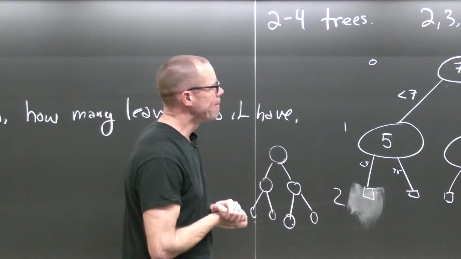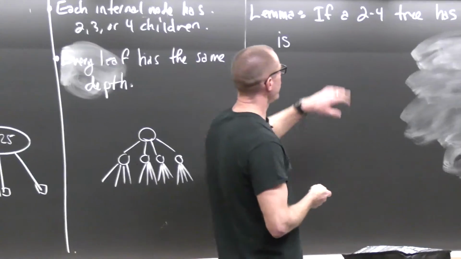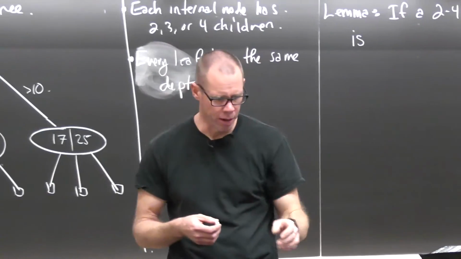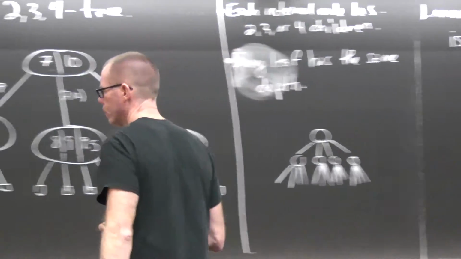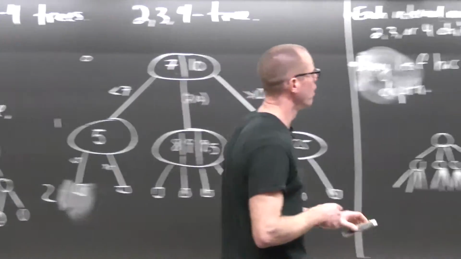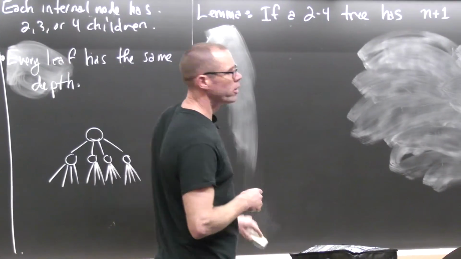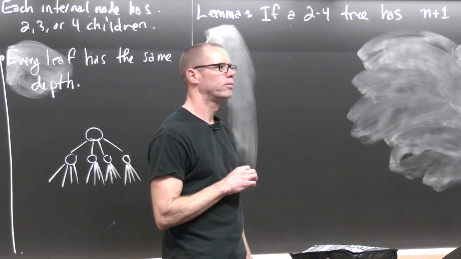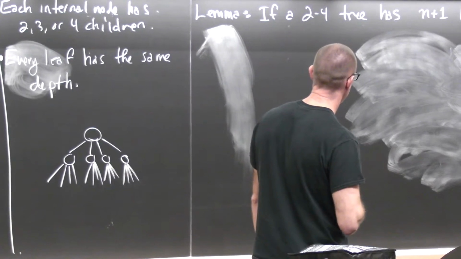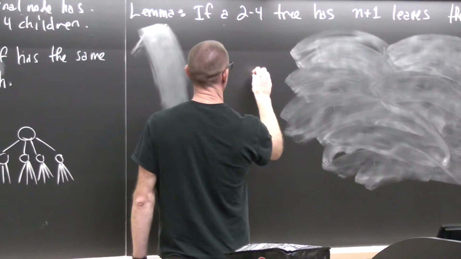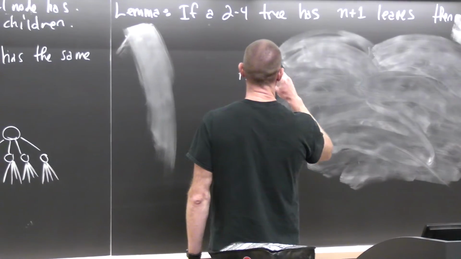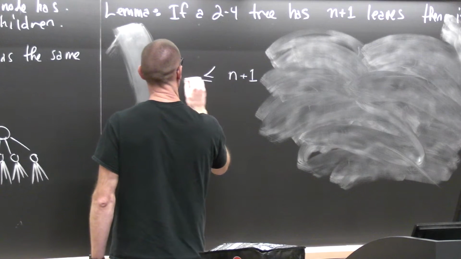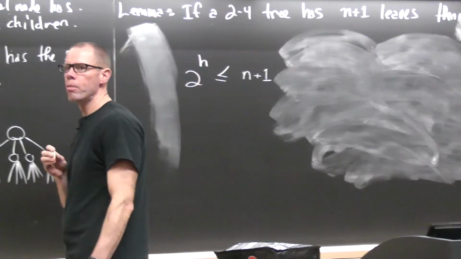Now, let's go back over here. If a 2,4 tree has n plus 1 leaves, we want to say something about its height. Do we know how to answer that? Well, we must have the following. 2 to the h had better be smaller than or equal to n plus 1.